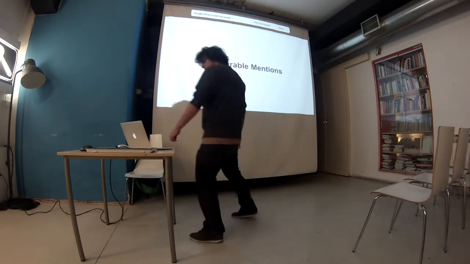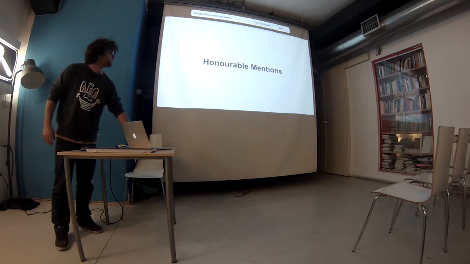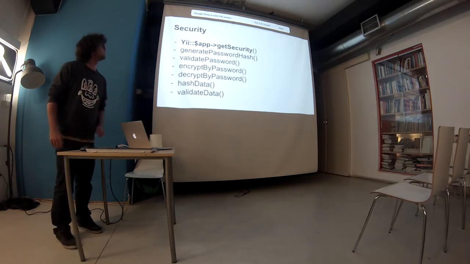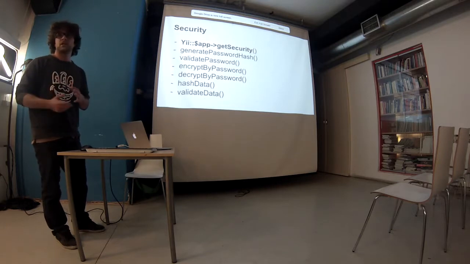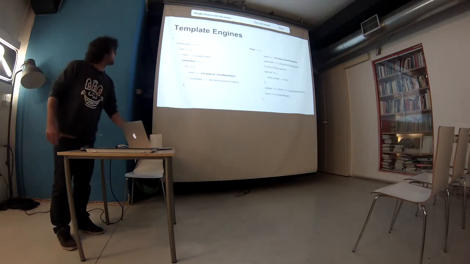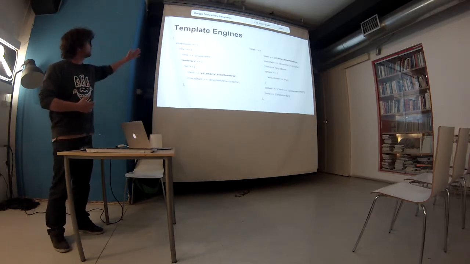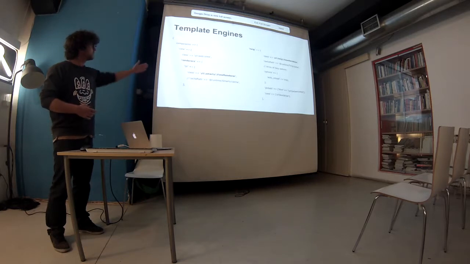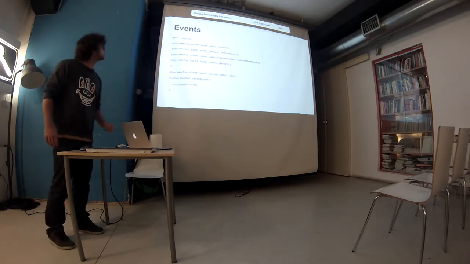And now I just want to mention this. This is stuff that I didn't have time to explain, but I want to mention. Security: you get a nice set of password manipulation methods that you can use for your security needs. Template engines can be integrated very easily by editing your view component and just saying what kind of template engine you are using, either Smarty or Twig, which are integrated as core extensions.